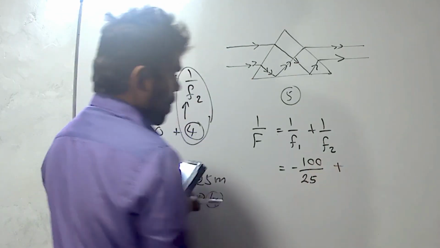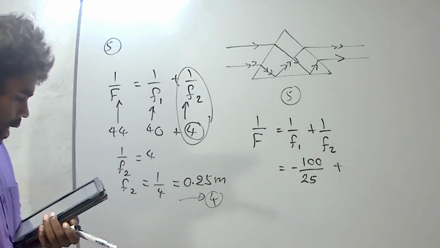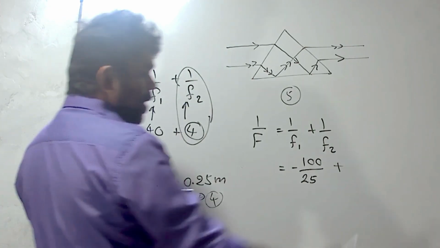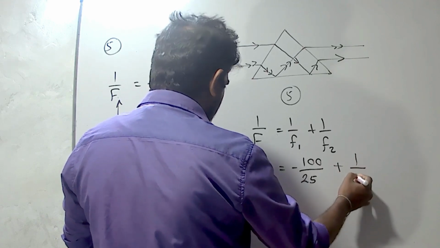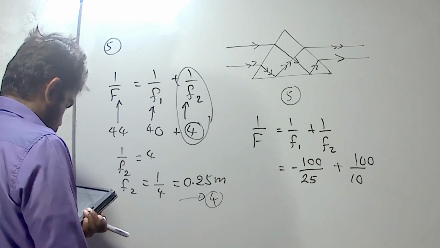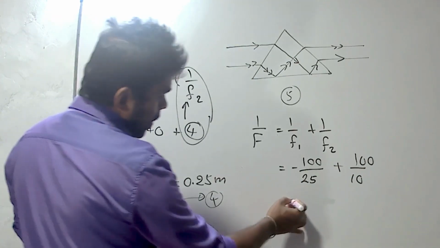Plus, the second lens is a concave lens, so its focal length is a minus value. 1 over 10, we have to convert it to meters. Then we can simplify it.